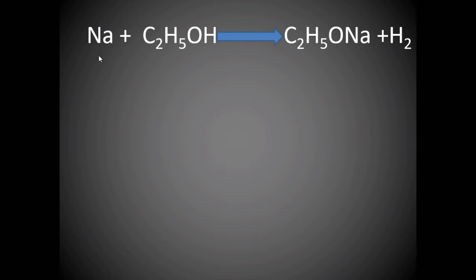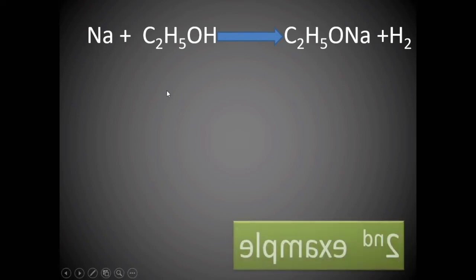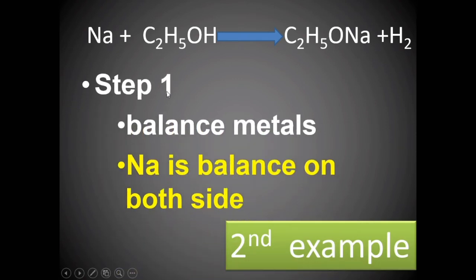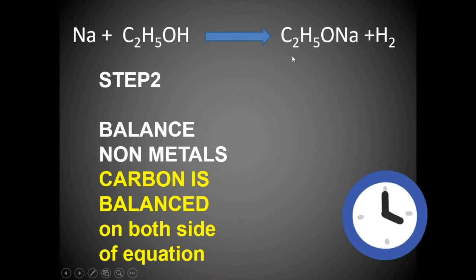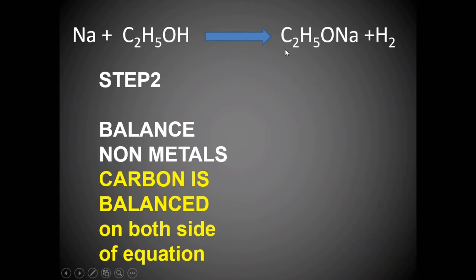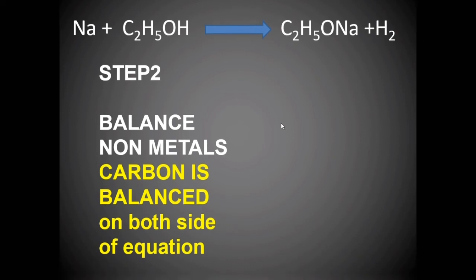The second example is sodium reacting with ethanol to form sodium ethanoate plus hydrogen. Step 1 is to balance metals. Sodium is balanced. Step 2 is to balance non-metals. Carbon is the non-metal here, and it is also balanced on both sides of the equation.